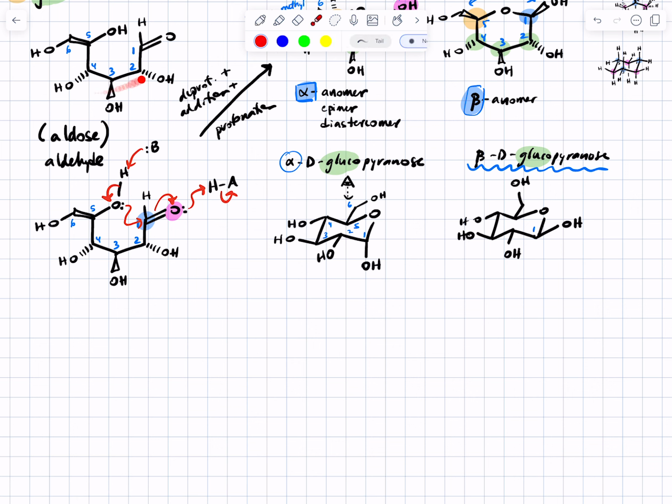Oh, you want to look at it from the side view? Okay, sure. If we drew the open chain form from the side as though it were the chair, this is what it would look like. And again, if you wanted to draw the mechanism from that direction, you'd just do this.